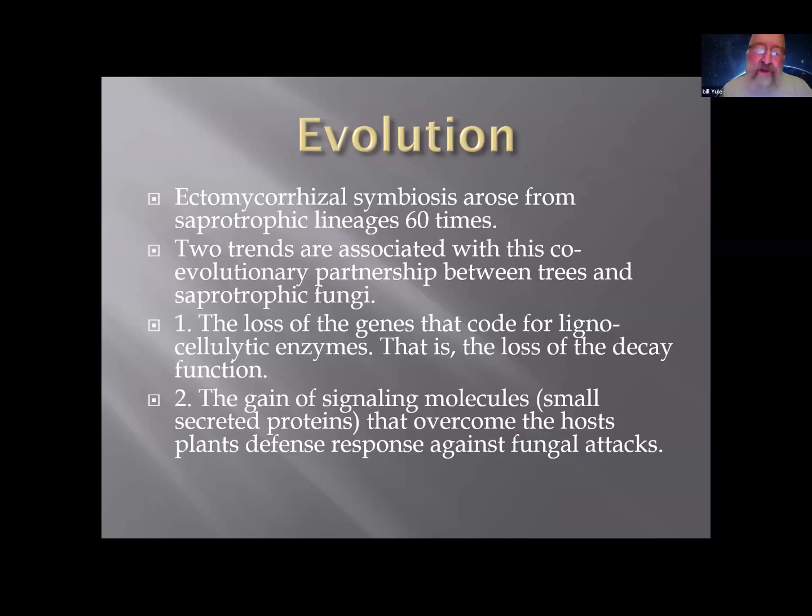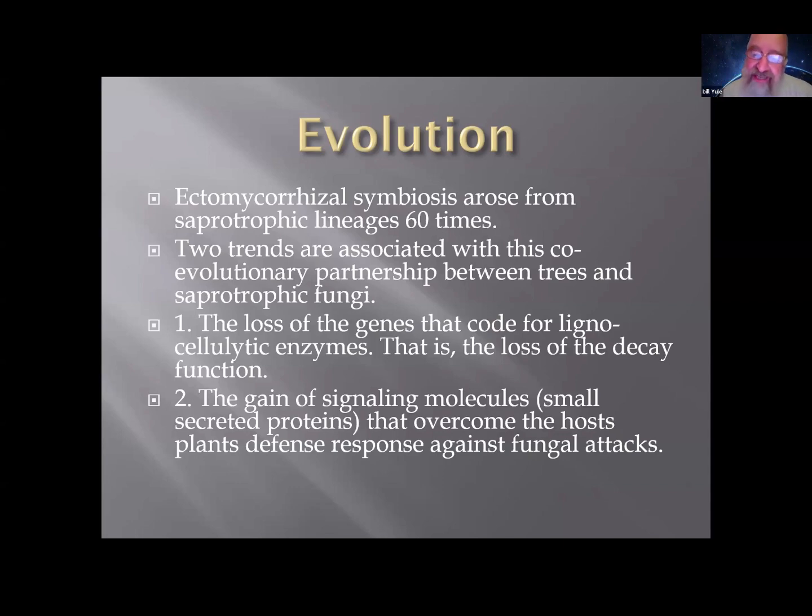And why it happens so many times is it's fairly easy for a fungus to switch from being a saprobe over to becoming a mycorrhizal mutualist. All that has to happen is two things. That fungus has to lose or quiet down the genes that code for decomposing lignin and cellulose.